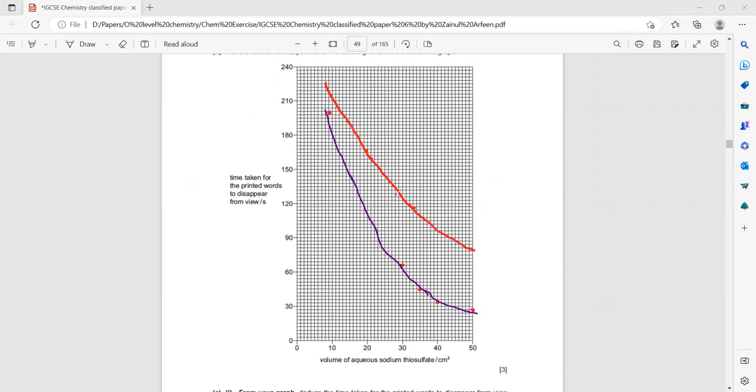So the whole graph, the same shape, will be there but above the original one, because at lower temperature it takes longer for the text to disappear.